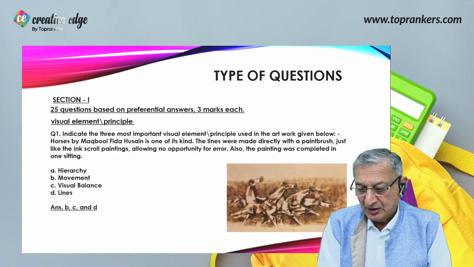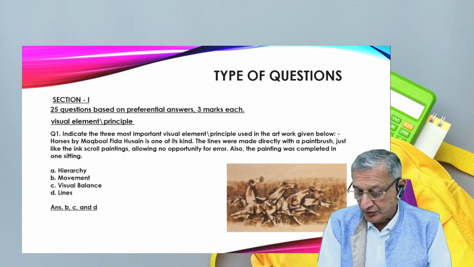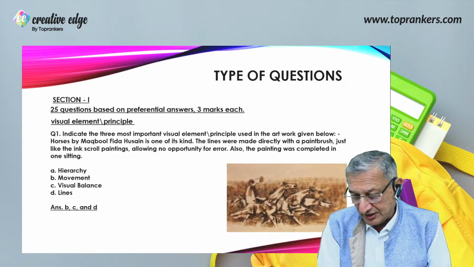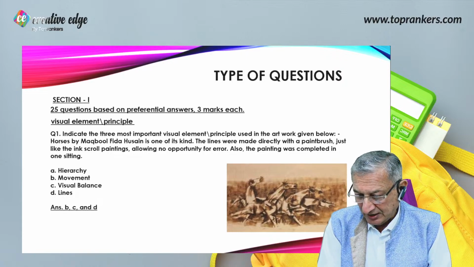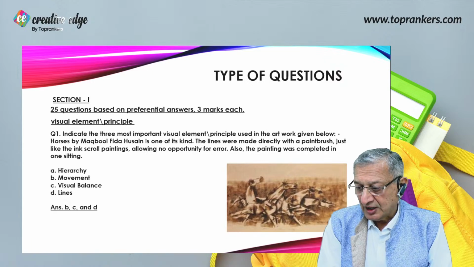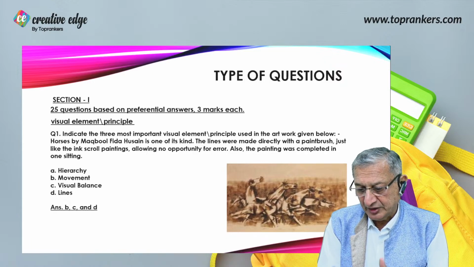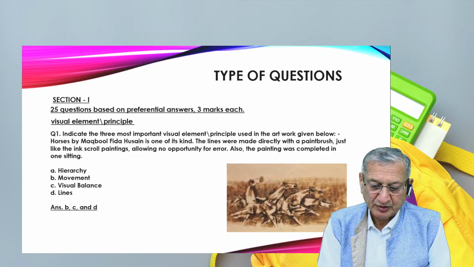For example, some may like to put up visual balance as the first choice, which is not right. The right choice is firstly the movement, second the visual balance, and thirdly the bold lines. So that is where the answer has become in the sequence of B, C, and D.